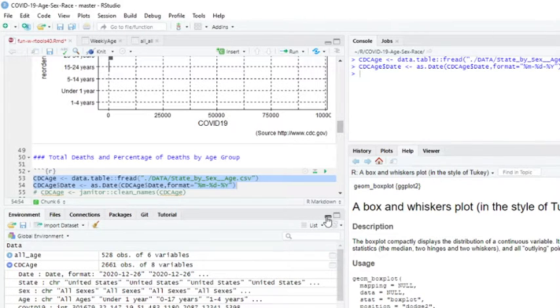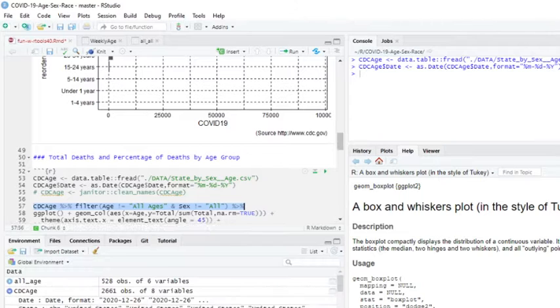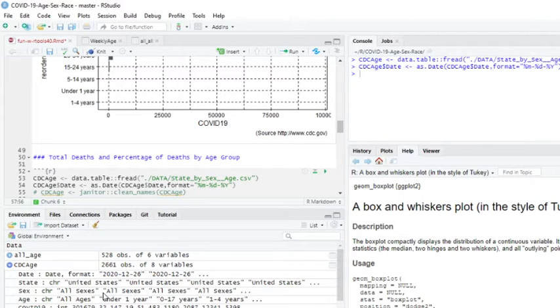So now we got our date format back. So we'll come down here, and now we're going to exclude all, remember, all ages, all sex is a summary label. Okay, this is the summary for the United States as a whole, I think. So let's run this. Let's see. We don't have a total there, do we? Date, state, age.